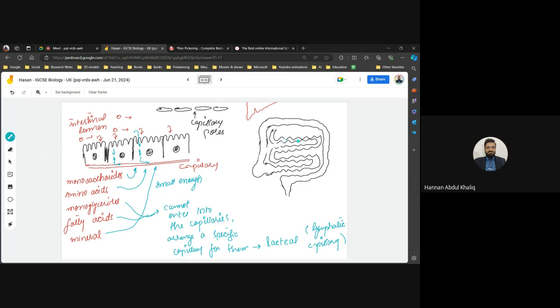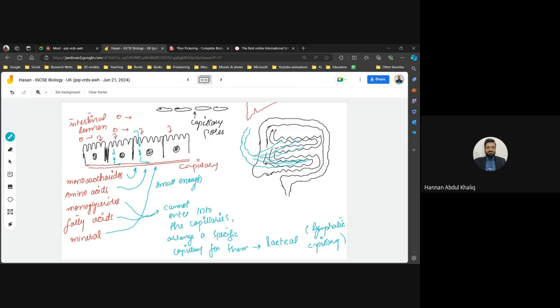All the intestines combine their veins, all the veins from the intestine combine into a single vein.